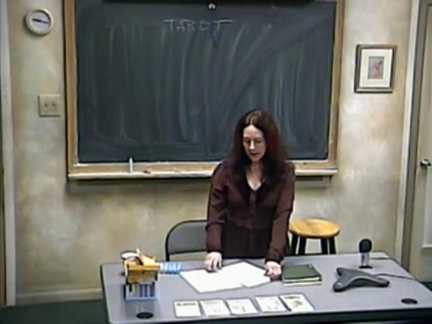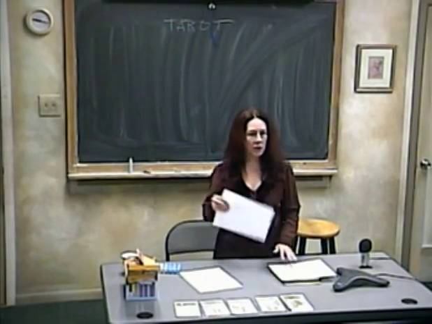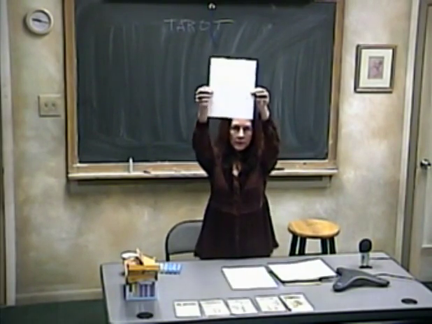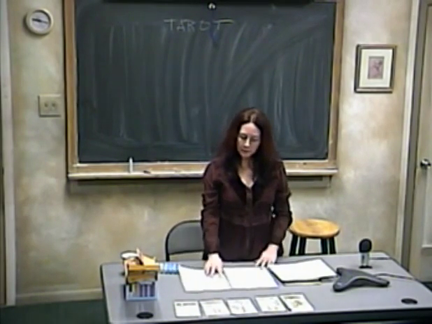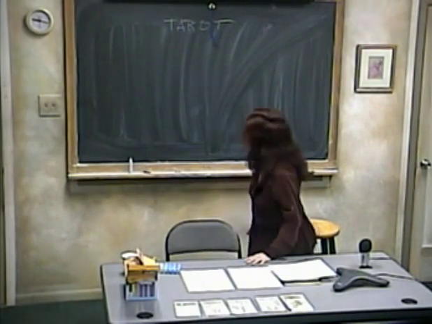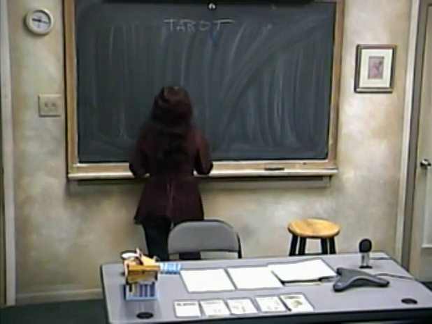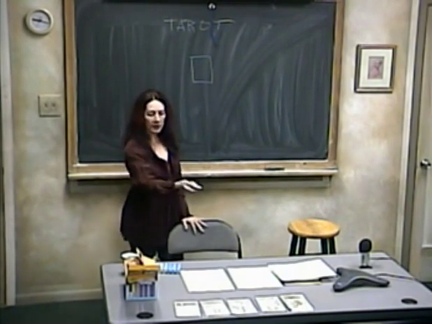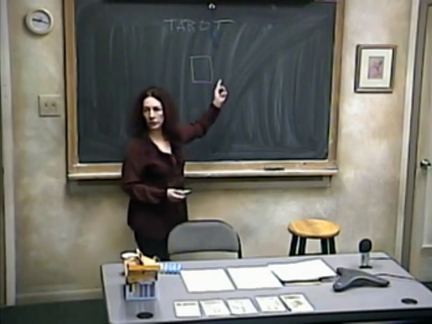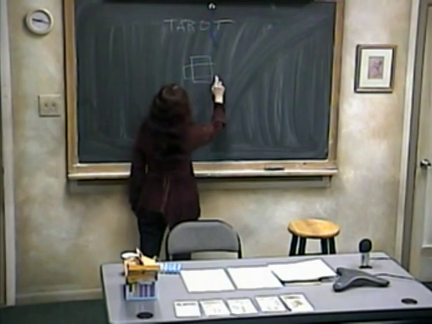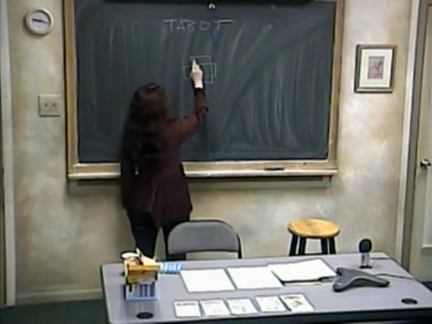I gave you a couple of handouts. These are cheat sheets to help you, and one is the basic Celtic cross. I'm going to draw it on the board and say what's on the sheet. This covers you. This is the querent card. This crosses you.